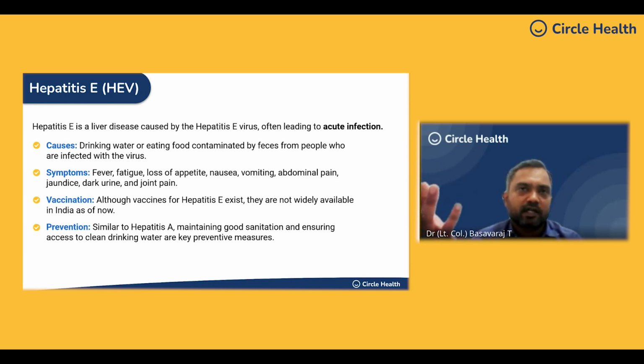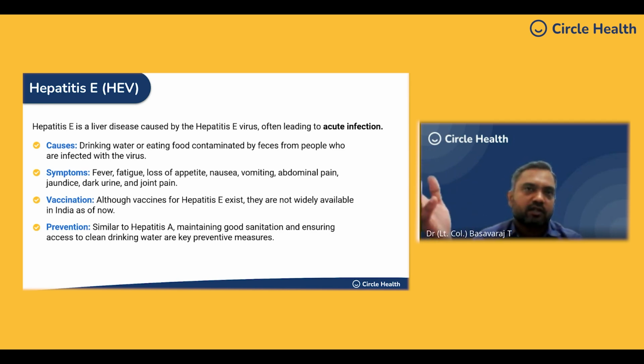But the prevention part, you should understand, hepatitis A and E are different, and B, C, D are different. And you should understand that hepatitis B and C are the most severe forms of hepatitis, because they can cause cancer, they can cause cirrhosis of the liver, and they are there for a longer duration of time.